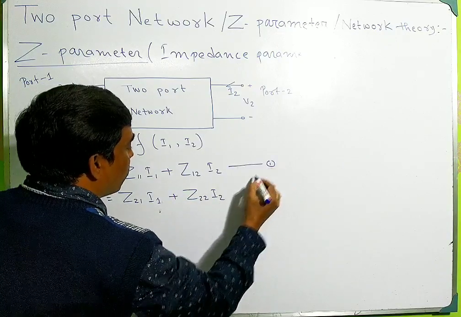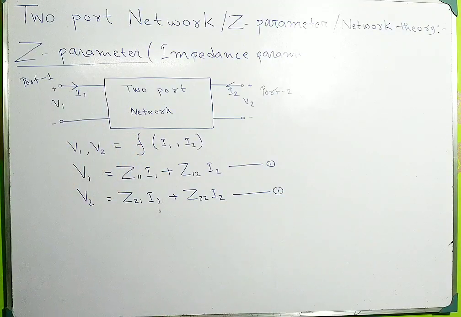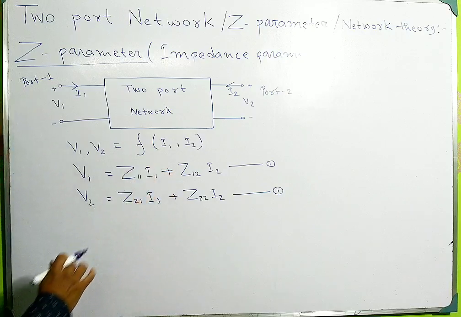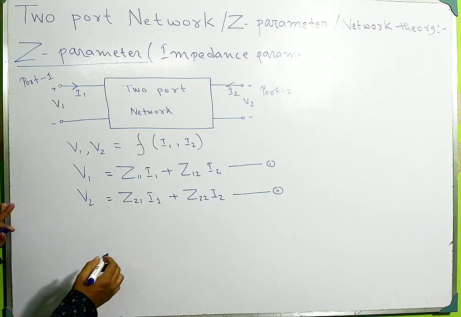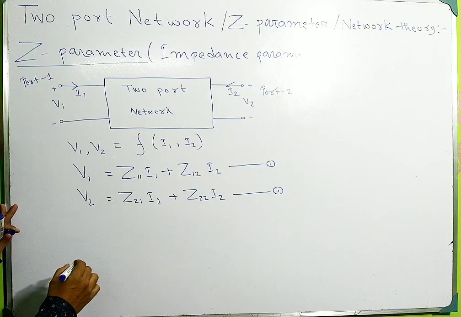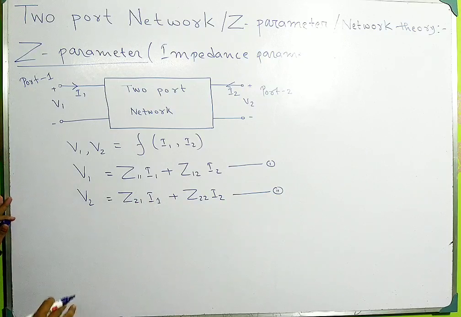This is equation 1 and this is equation 2. Now these two equations can be shown in a matrix form. So how to show these two equations in a matrix form?